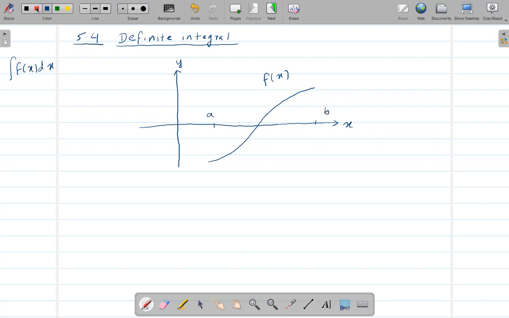Let's say this point is a, and this point is b.